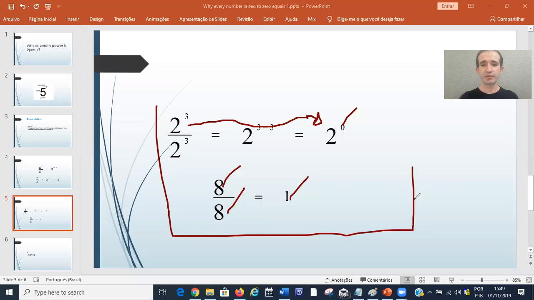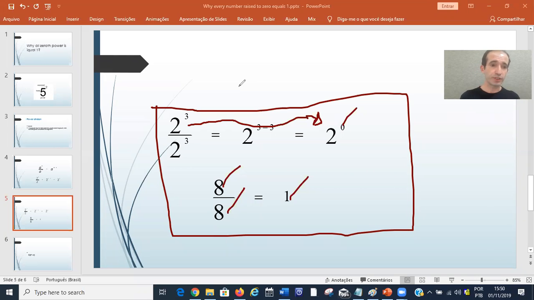Thinking about this example, you can understand why any zeroth power is equal to 1. Because you are applying the power division rule, and you have two equal powers that you are dividing, and you have at the same time a number being divided by itself. All right, it's the answer, and we arrived at the end of our class.